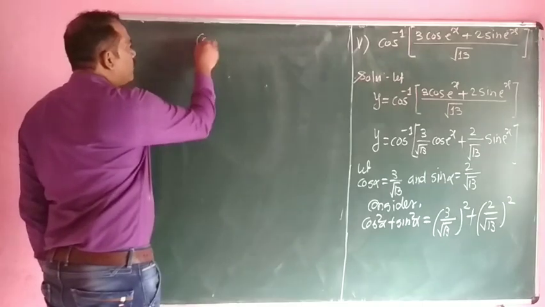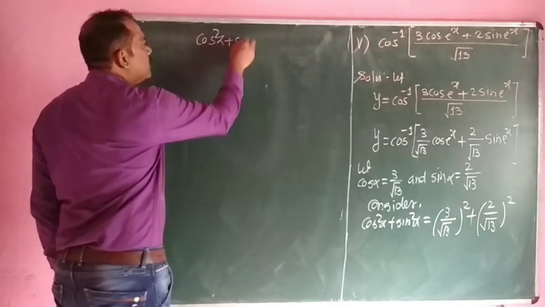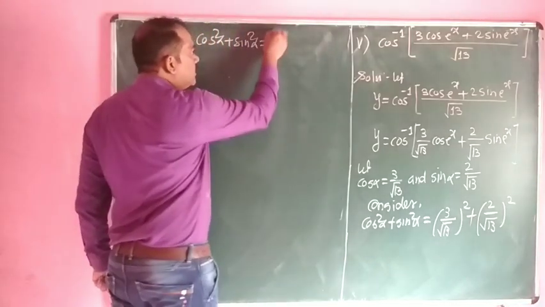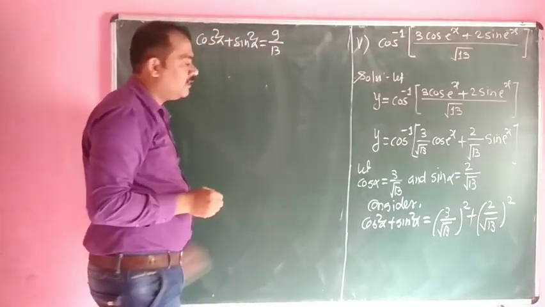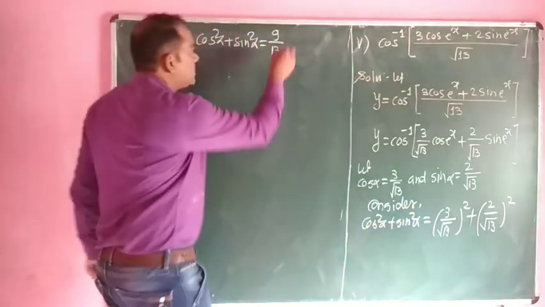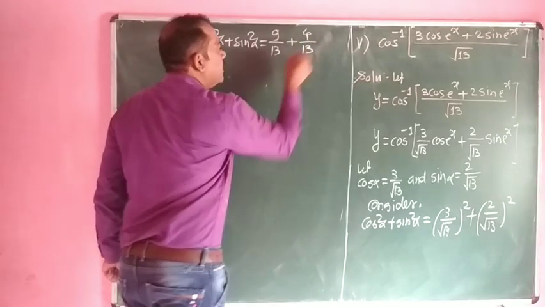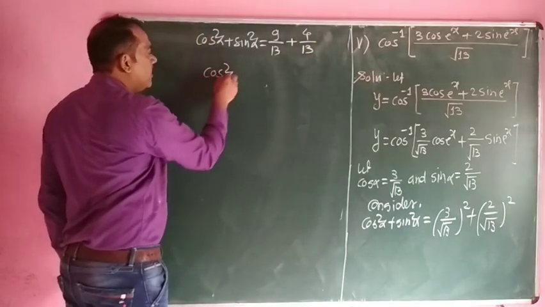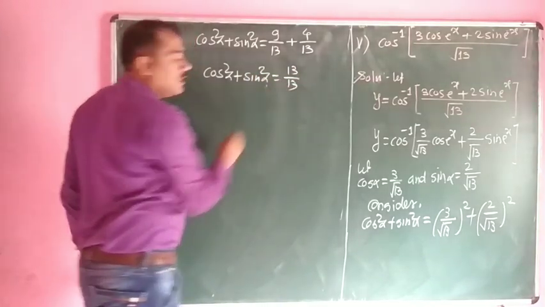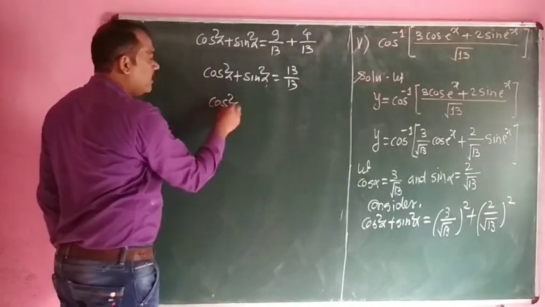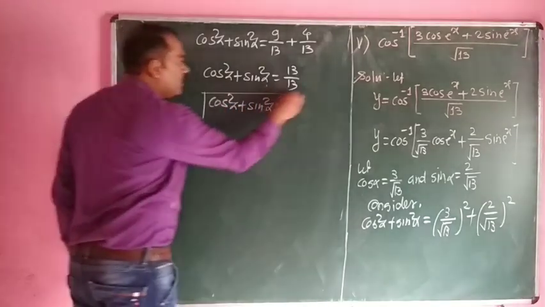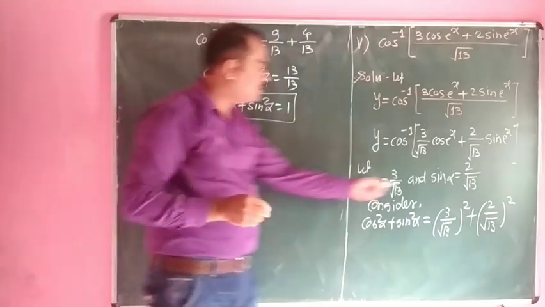Therefore cos square alpha plus sin square alpha is equal to 9 by 13, since 3 square is 9 and square of root 13 is 13, plus 4 by 13, that is 13 divided by 13, which equals 1. It means that these values are correct.